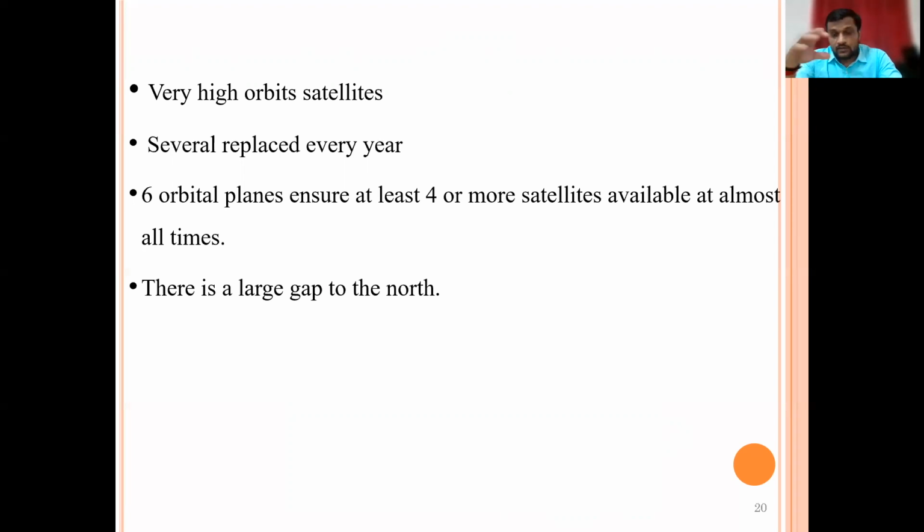There are a total of 24 satellites in the orbital planes, and 4 satellites are in backup mode. If suddenly one of the satellites stops working, we can replace the problematic satellite. There is a large gap at the North Pole, so we are not able to get detailed locational information on the poles, especially the North Pole.